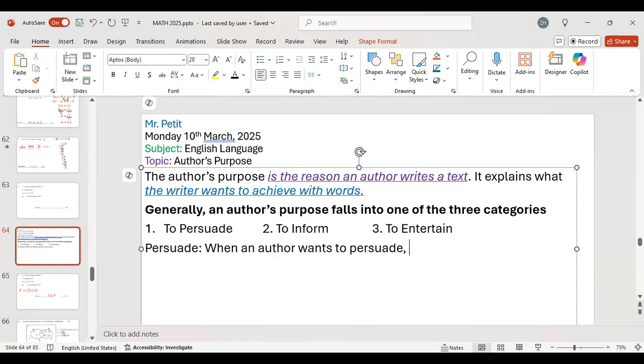When they want to persuade you, they give you what? Reasons. They give you reasons, right?